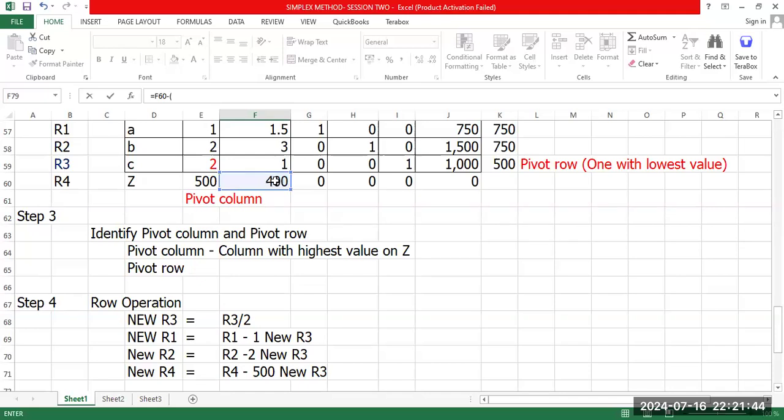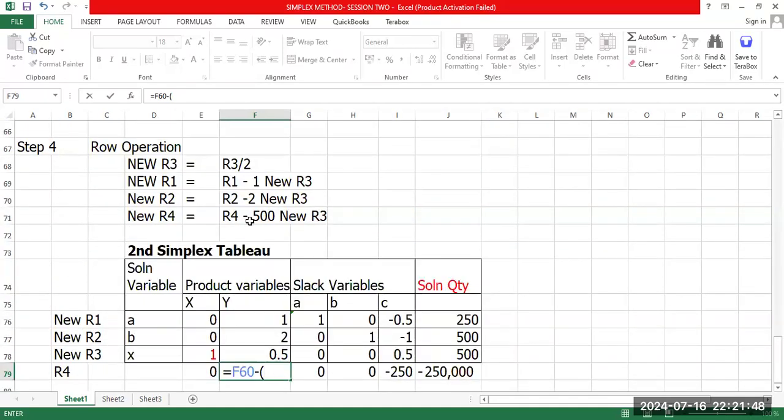Then the formula says write 500, then multiply. The formula is saying you multiply what? New row 3. What is new row 3? At this point it is 0.5.